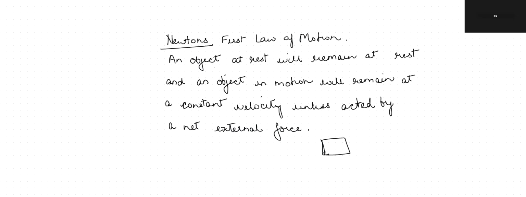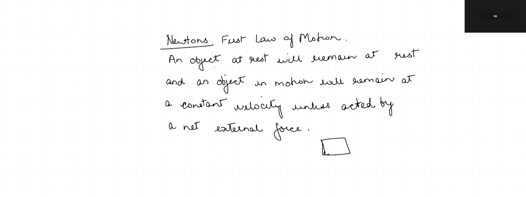It's not that no force is acting on it, but the net force is zero. It simply means that we can add up all the forces and get a value of zero. So the net external force is zero, and it will not move.